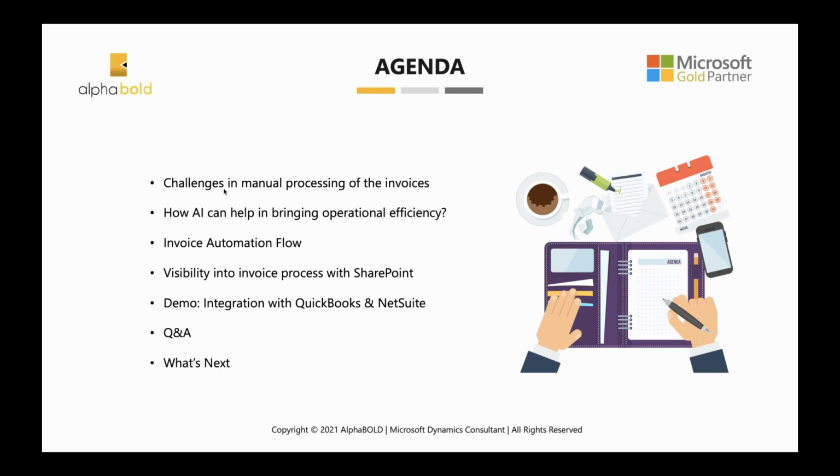And then we're going to show you how AI can actually eliminate those costs and cut down on the time needed to do all that, as well as look at the invoice automation flow that we use, and then how we use SharePoint to give you and anyone else in your organization some visibility into those invoices. And then we'll demo it as far as how it works within QuickBooks and NetSuite, and then open it up for some Q&A. So next slide, please.